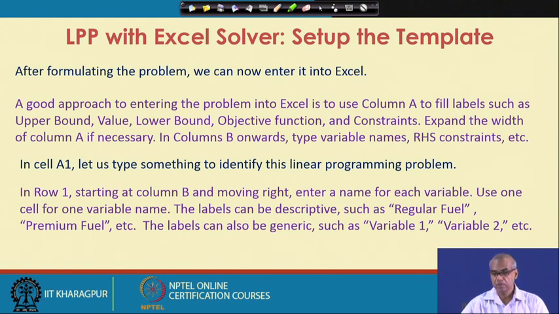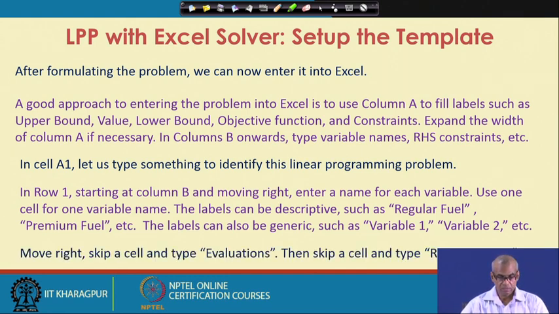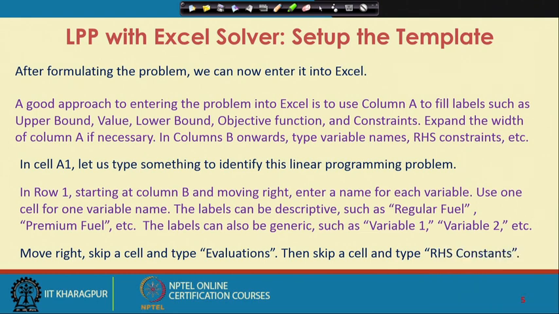So, either you can give descriptive names such as regular fuel, premium fuel, product A, product B, etc., or you can give x 1, x 2, x 3, so that you can easily identify them. After you have entered the variable names starting from column B, you now move right, skip a cell and type evaluations.